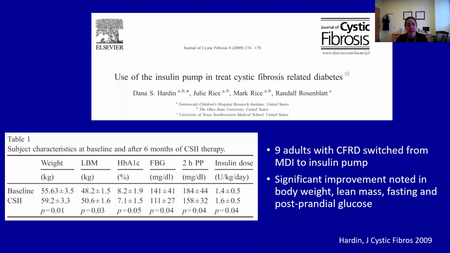And we can see that they had significant improvement in their weight and lean body mass. They had improvements in their blood sugar levels, and had a higher insulin dose, with a trend toward improvement in A1C. But I'll point out that this study was published in 2009, and so our pumps today look a lot different than what they looked back then.